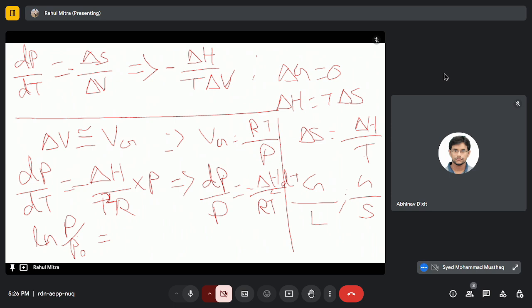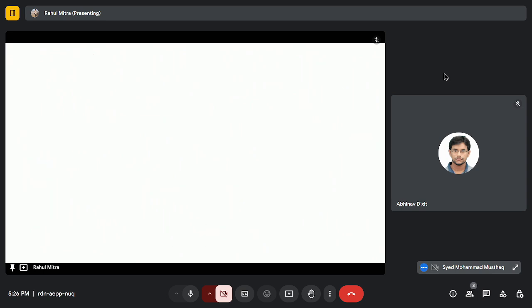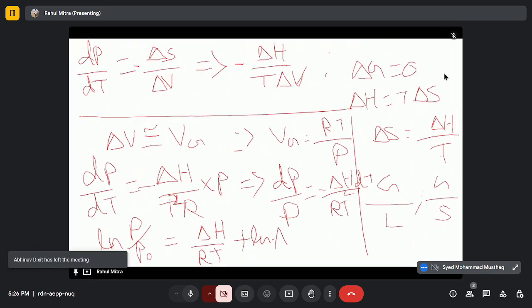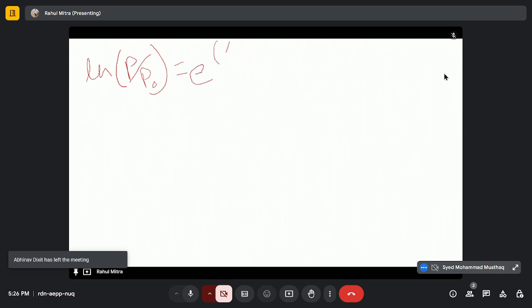if we do the integration, the integral of x to the power n will be x to the power n plus 1 by n plus 1, so we get delta H term divided by RT plus ln A. So ln P by P naught, so it will be exponential of delta H divided by RT times the constant A. So this is how the equation turns out to be if you are talking about the equilibrium between a condensed phase and a vapor or gas phase.